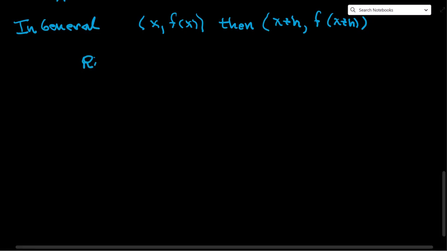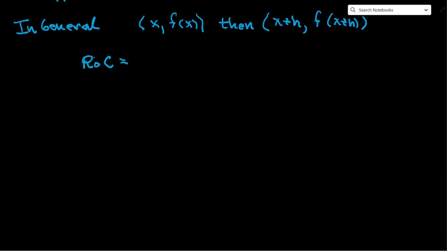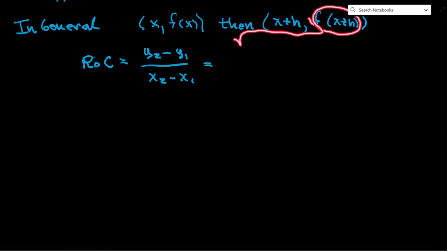Recall our rate of change was y2 minus y1 over x2 minus x1. We can rewrite this with our y2 value being this. This is going to give us f of x plus h.